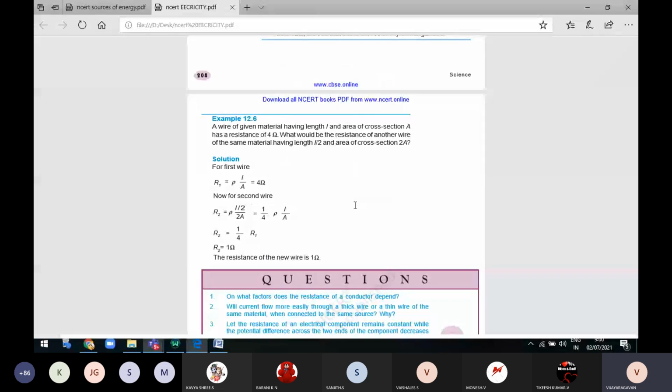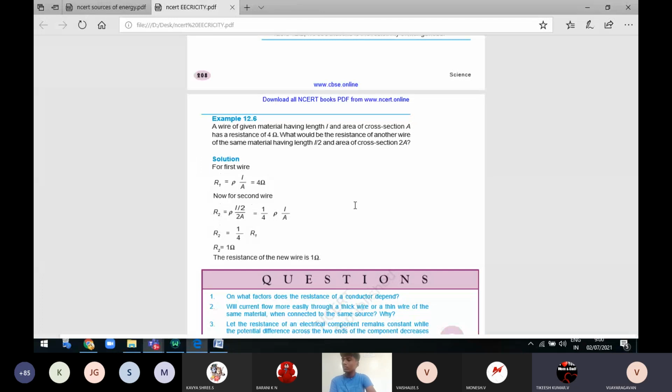A wire of given material having length L and area of cross section A has a resistance of 4 ohms.